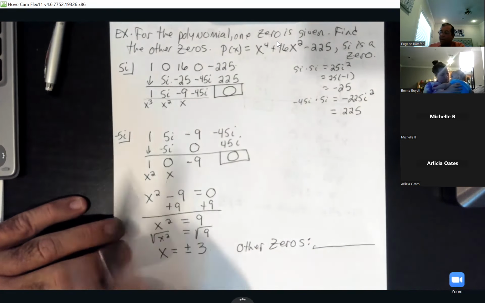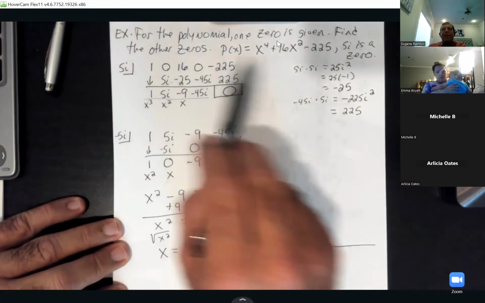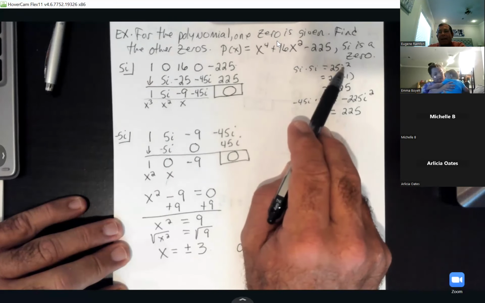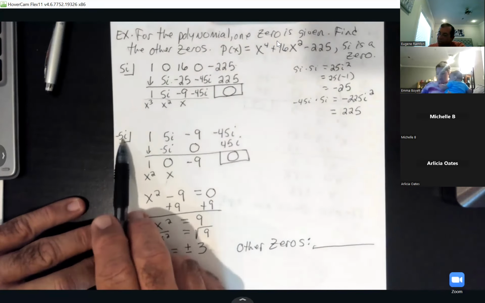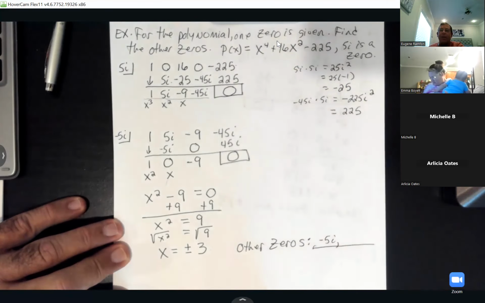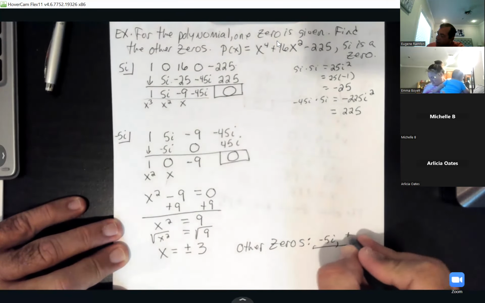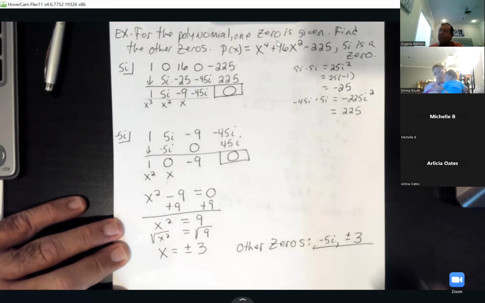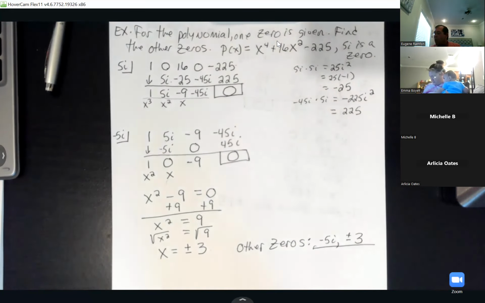But don't put the 5i because they gave us the 5i. We want to start with our -5i. And then we can do the plus or minus 3. Or you could do -5i, comma 3, comma -3, okay?